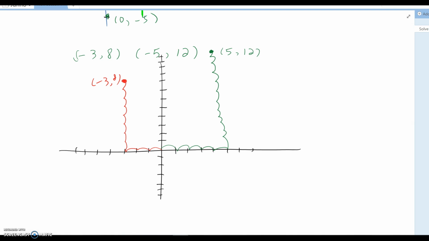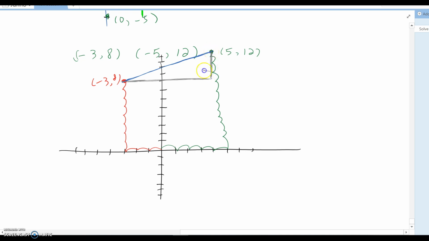And then you draw the line that connects these 2 points. Then how do we find the distance between these 2 points? One easier way is you may draw a triangle here, especially a right triangle.